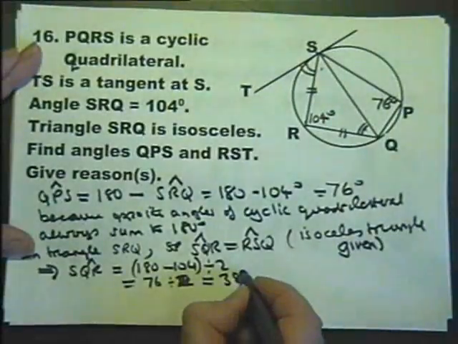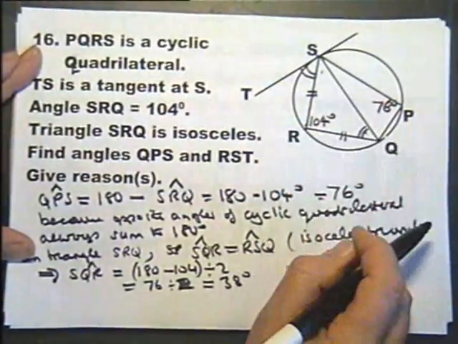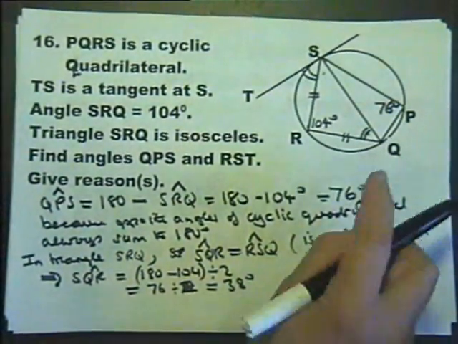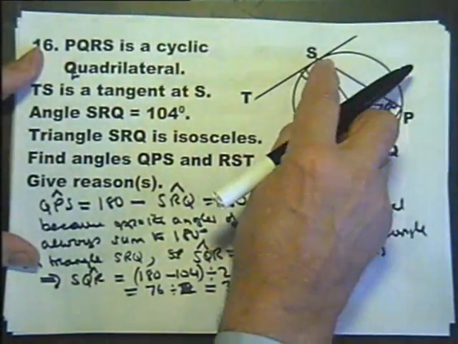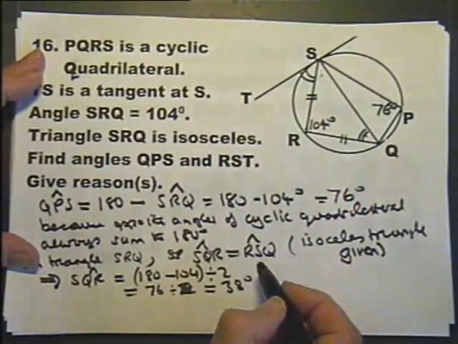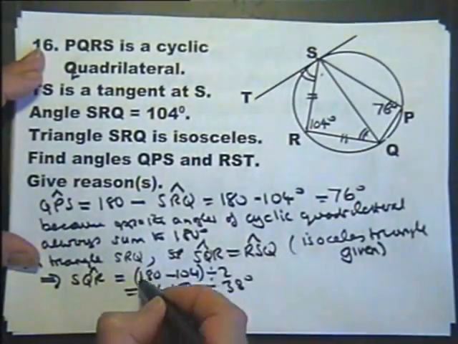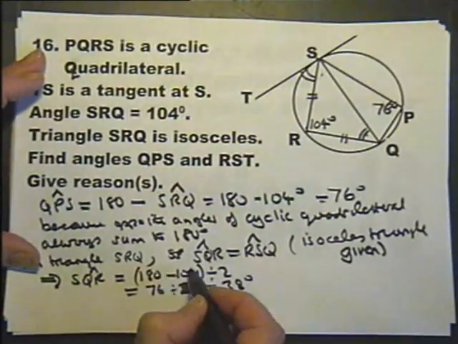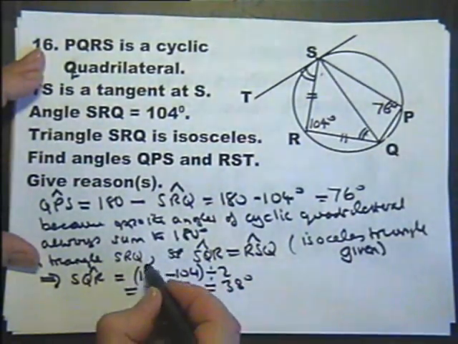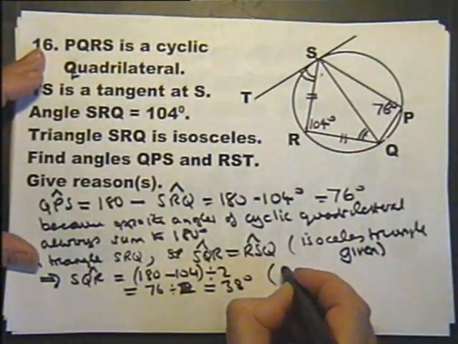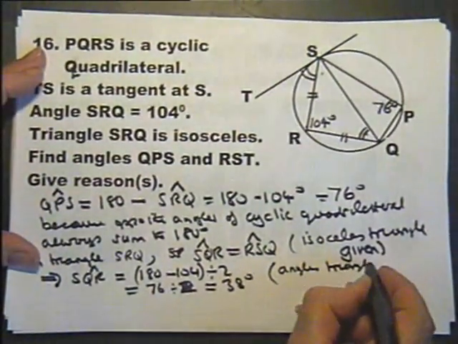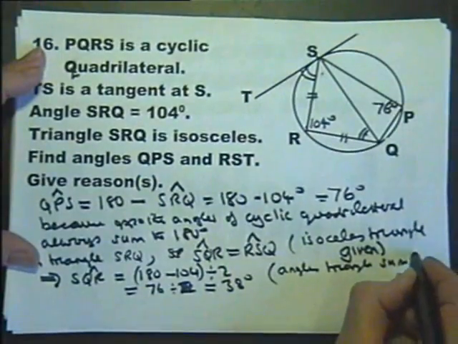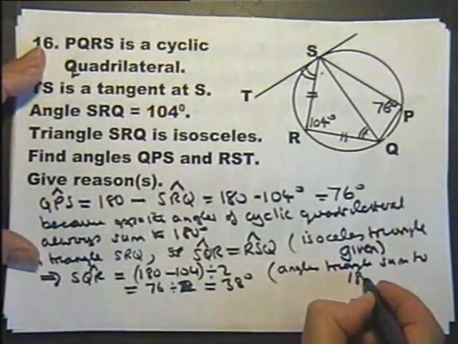And that's therefore 38 there and 38 there. I'll say it's a coincidence that those two add up to 76. The only thing I haven't included in my reasoning is that the angles of a triangle add up to 180 degrees. So I'll put that in here. Angles in a triangle add up to 180.